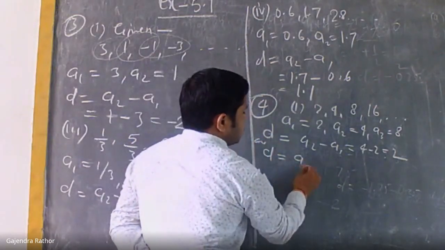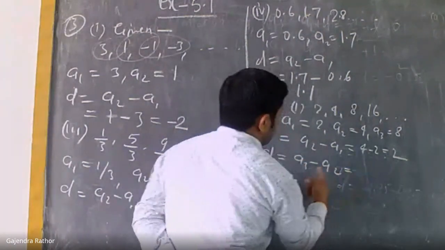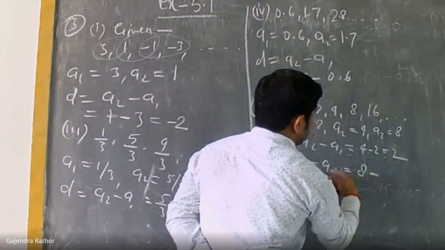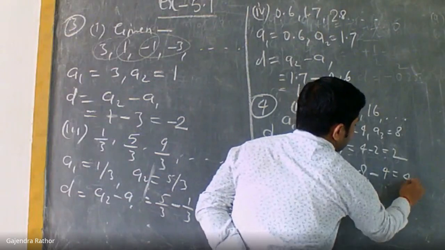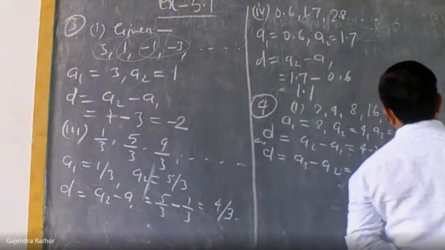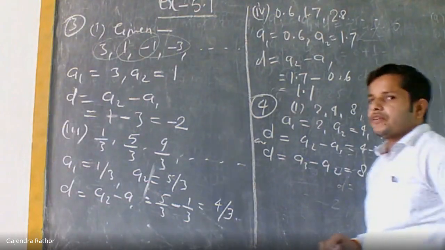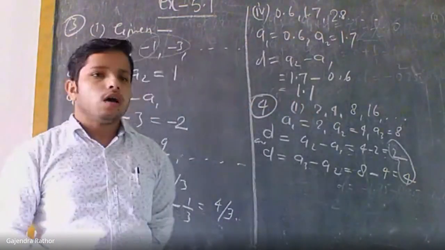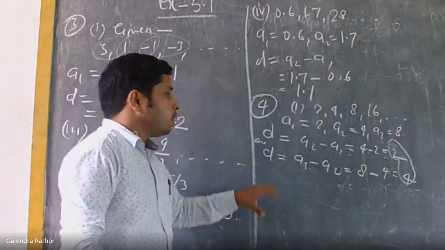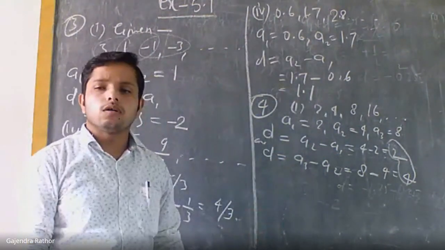And second type, A3 minus A2. What is A3? 8. A2 is 4. So the difference is 4. Now you observe we get two different values. The first common difference is 2. The second common difference is 4.